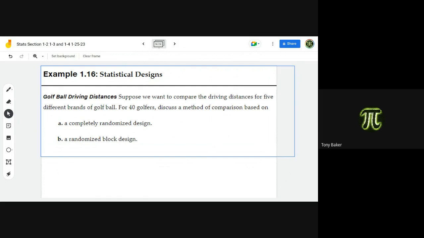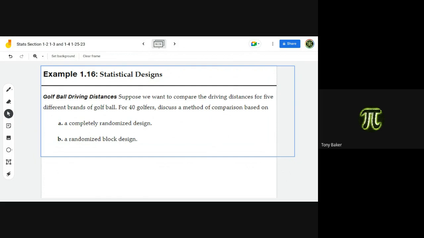Suppose we want to compare driving distances for 5 different brands of golf ball for 40 golfers. If I'm looking at this right now, what are my experimental units?